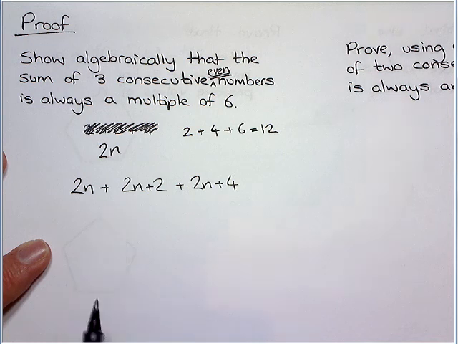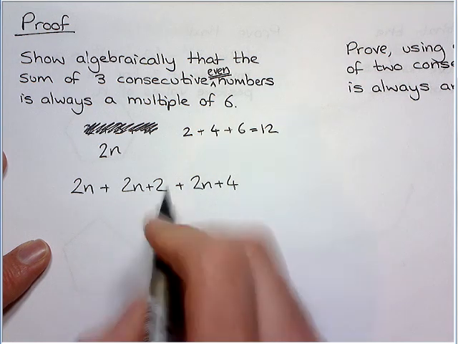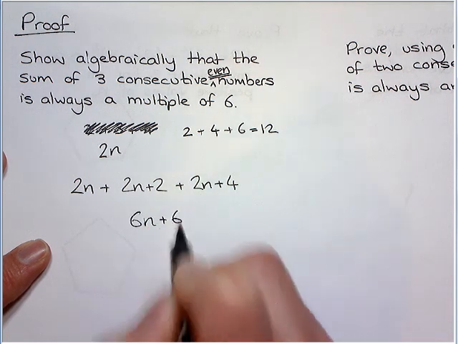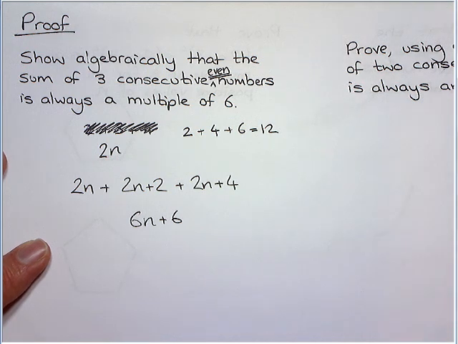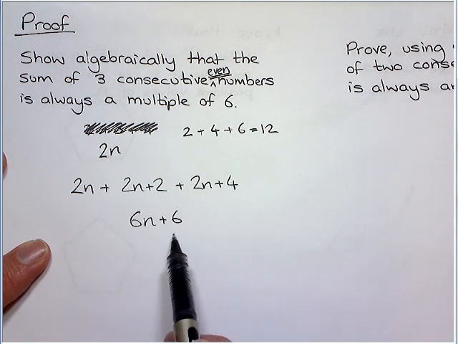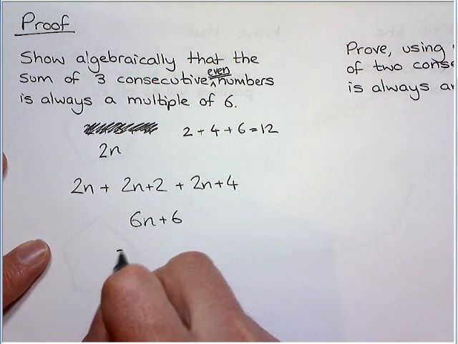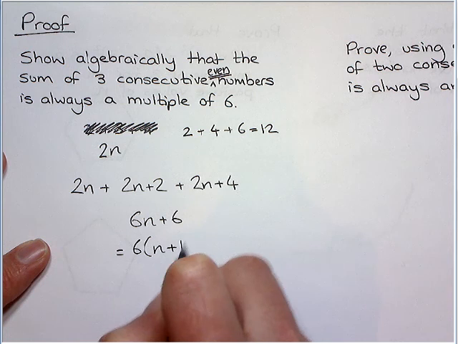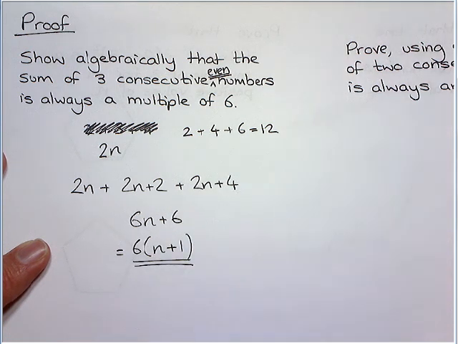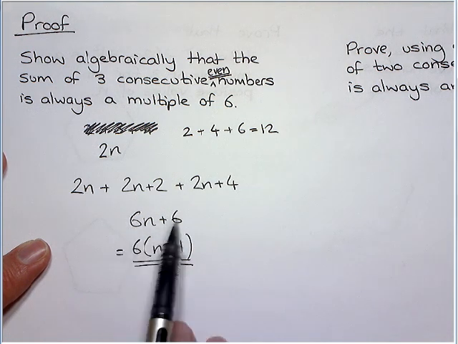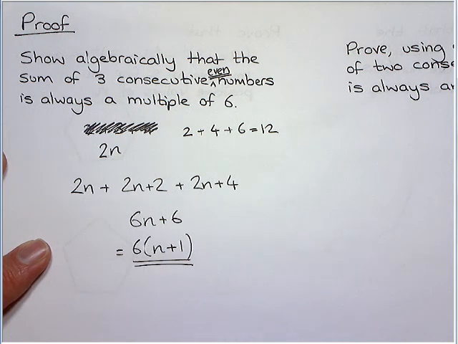If you collect these like terms, you will get 6n plus 6. Now if something's a multiple of 6, it means we can factorise it for 6 to show that 6 always goes into it. So this equals 6 brackets n plus 1. This is what we're trying to do. If it's a multiple of 6, we can factorise for 6, which we can.